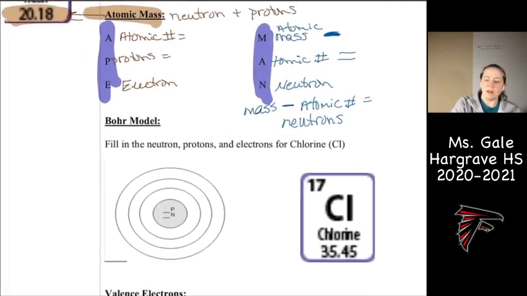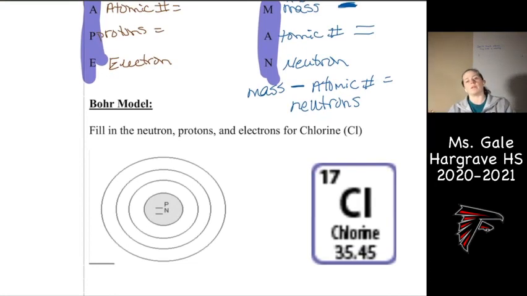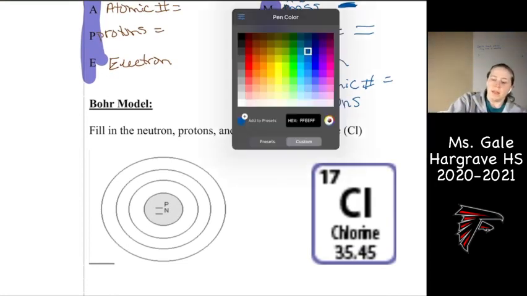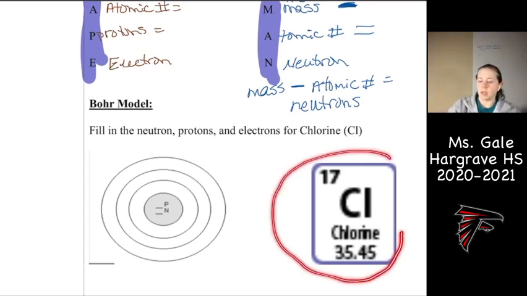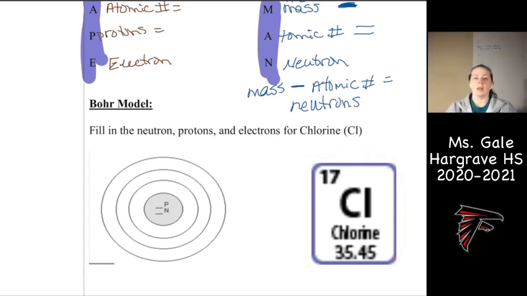So let's go down. Y'all remember this lovely, wonderful circle. This is our Bohr model that we were working on last week. Here I have the element chlorine. We are going to take chlorine and fill in our Bohr model. So what I want you to do real quick, pause the video and see if you can do this on your own.